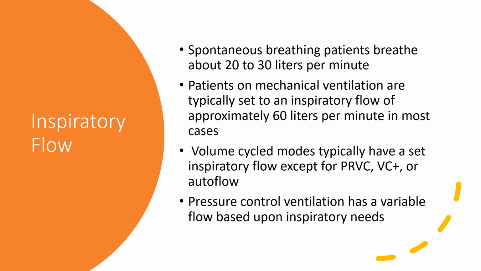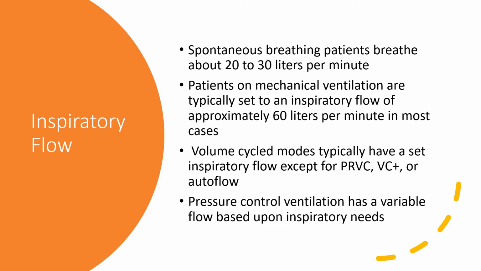We don't want to under-set the inspiratory flow, because the patient is going to have what is called flow starvation. So a typical setting for inspiratory flow on mechanical ventilation in volume cycled modes is around 60 liters per minute. Now there are exceptions, and I'm going to go into these exceptions right now.